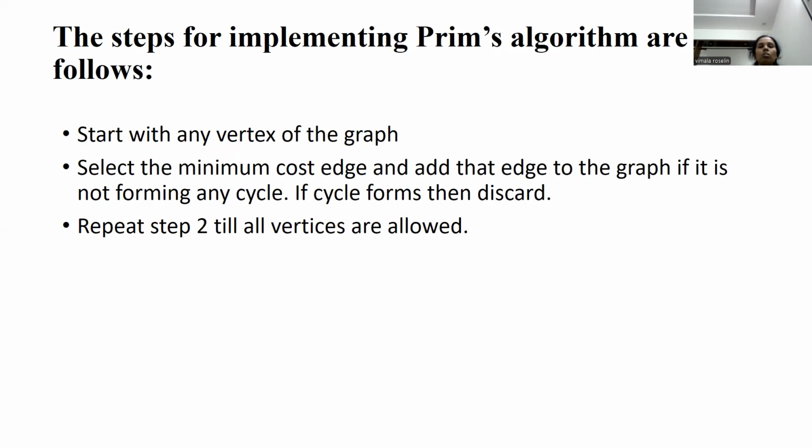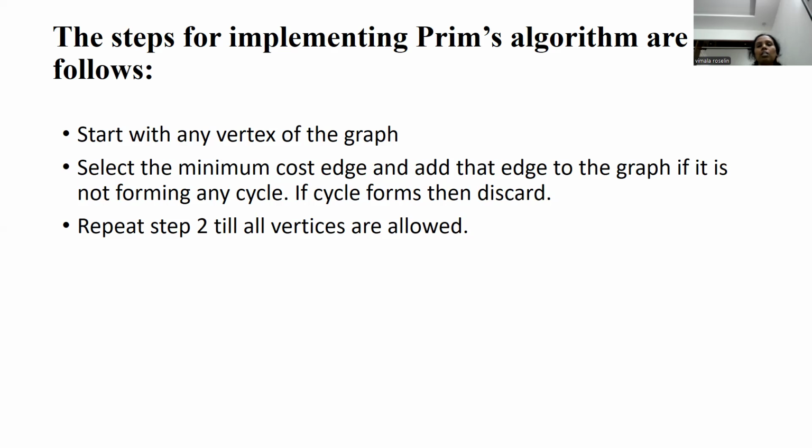Now the steps to implement Prim's algorithm on a connected graph. First, we can start with any vertex of the graph, the first vertex or any other vertex. Second, we select the minimum cost edge and add it to the graph if it is not forming a cycle.